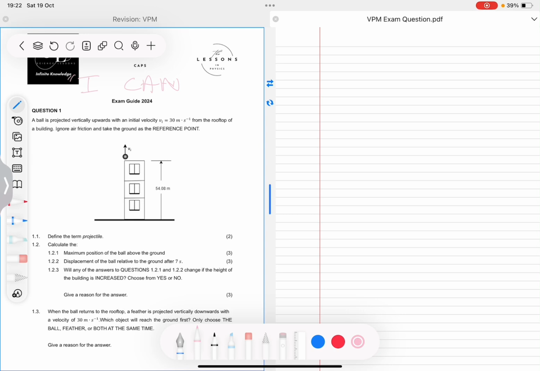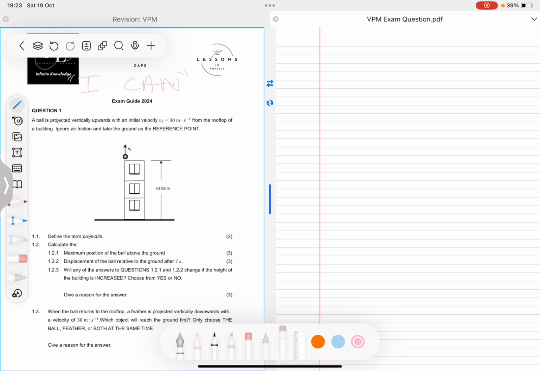The I stands for problem interpretation, the C stands for problem classification, the A stands for problem answer, and the N stands for problem navigation. Those are the rules that we'll be following when we solve this problem.